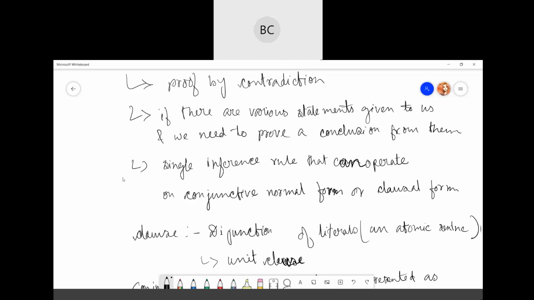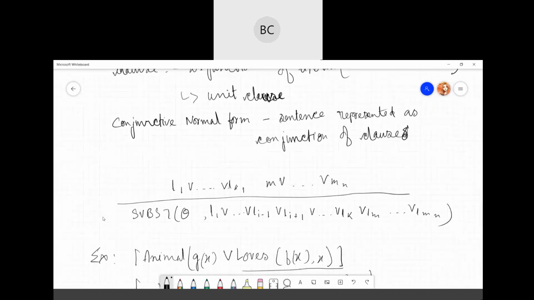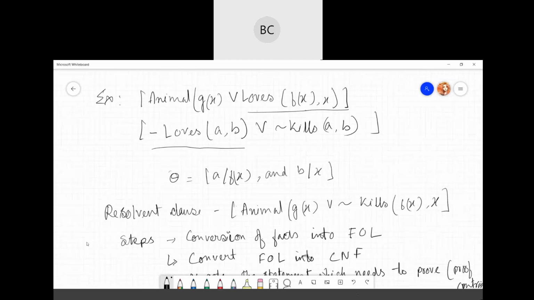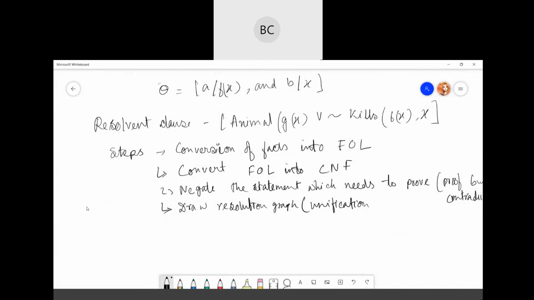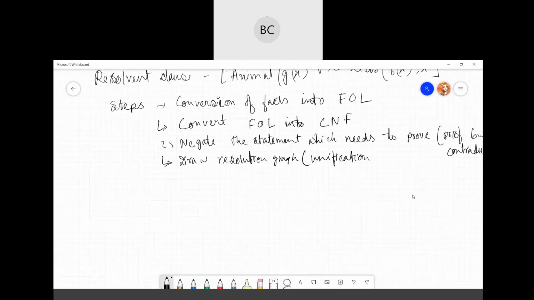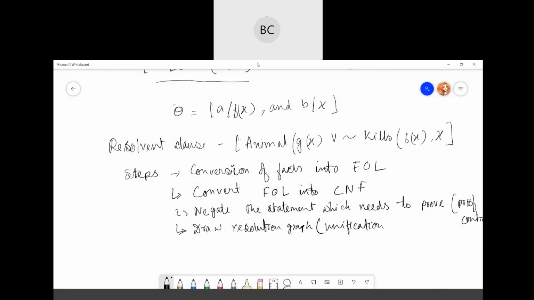So maybe I can also add forward chaining and backward chaining for you guys. You can check both resolution steps, how we resolve sentences and how we unify sentences. Anyway, the theory part I'll explain in the next class for forward chaining and backward chaining. Okay, so that's it for today.